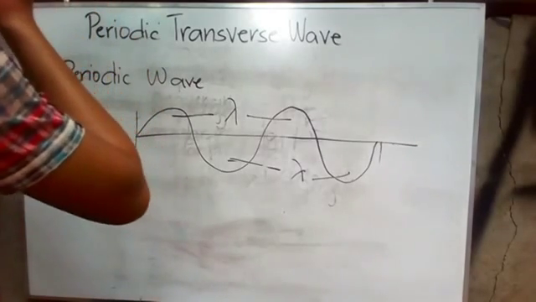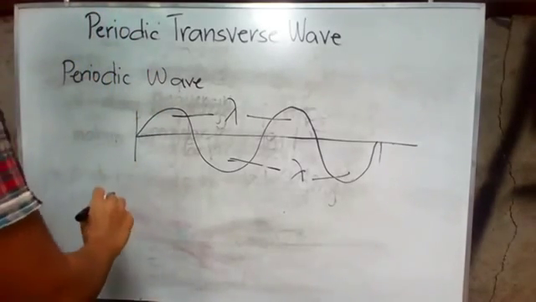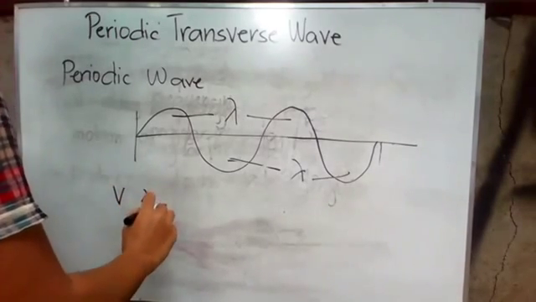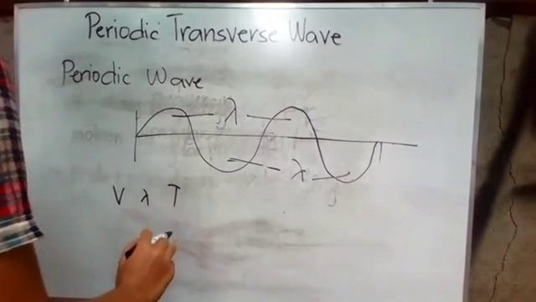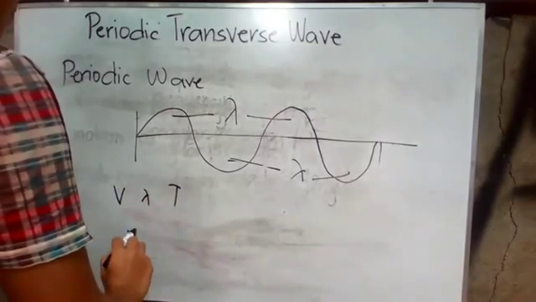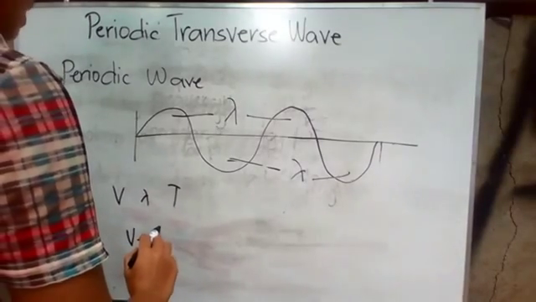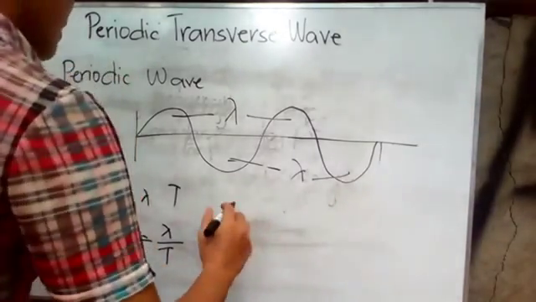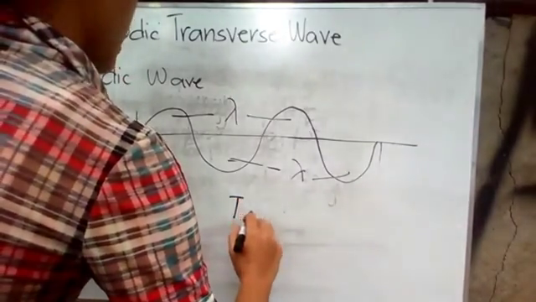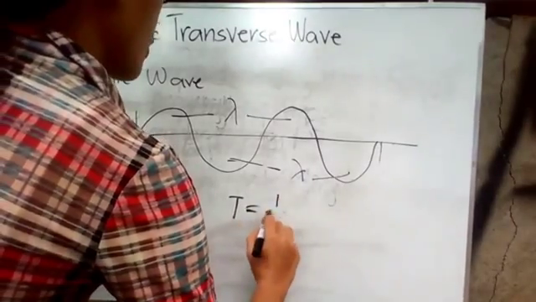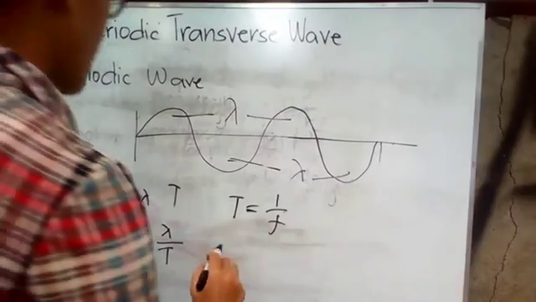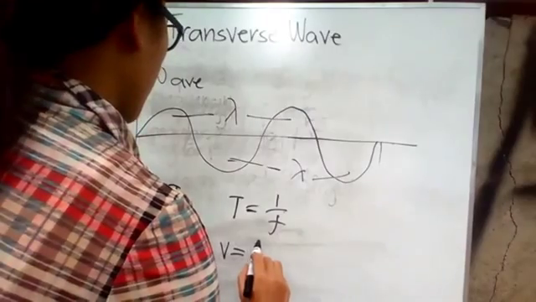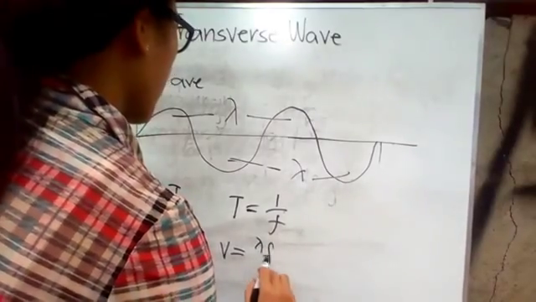The wave pattern travels with a constant speed v and advances the distance lambda in a time interval of one period T. So we can write the wave speed v as equal to the wavelength over its period. Because the period T is equal to 1 over the frequency, we can rewrite it as wave speed v equals lambda times frequency.